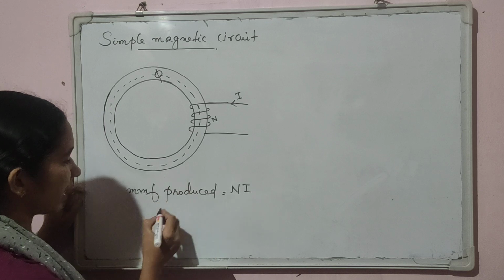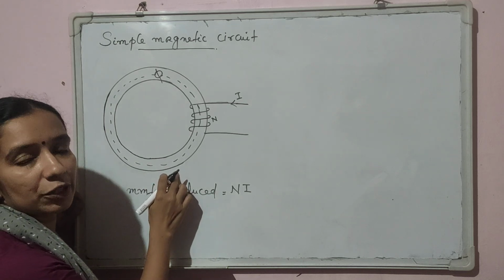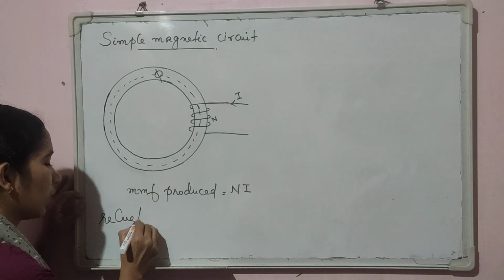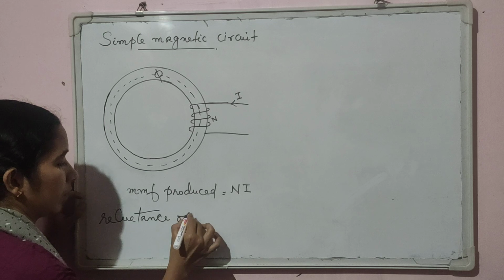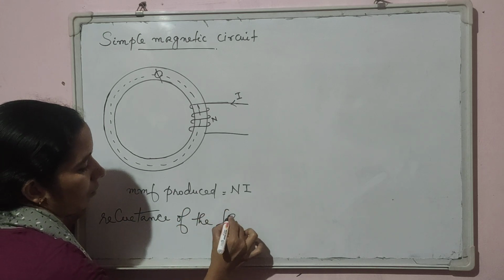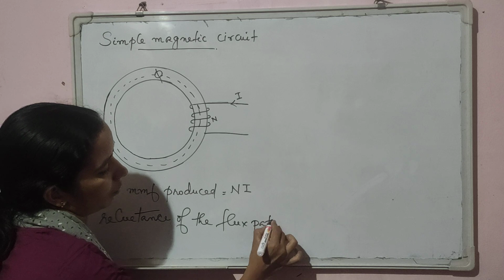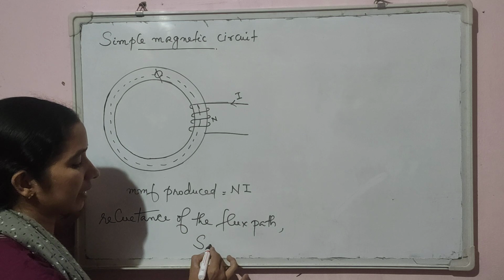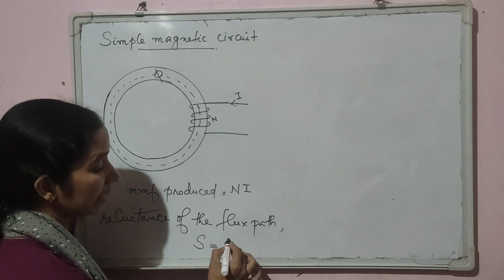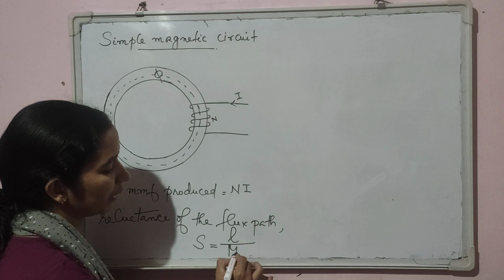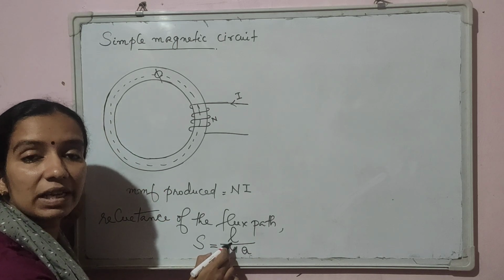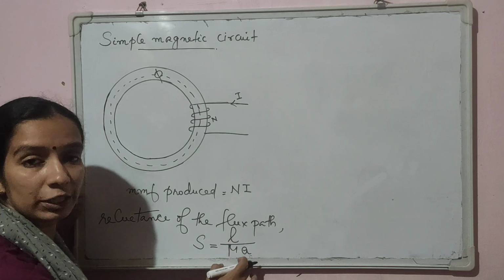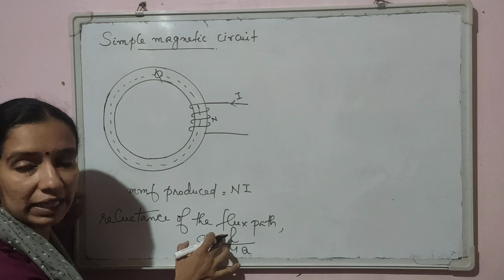And we can write the reluctance of the magnetic circuit, the reluctance of the flux path. We denote reluctance by capital letter S, and the equation for reluctance is S equal to L divided by mu into A, where L is the length of the magnetic path.